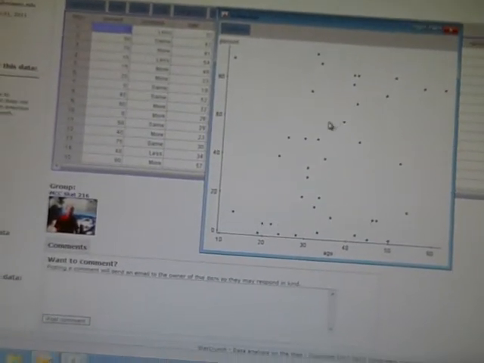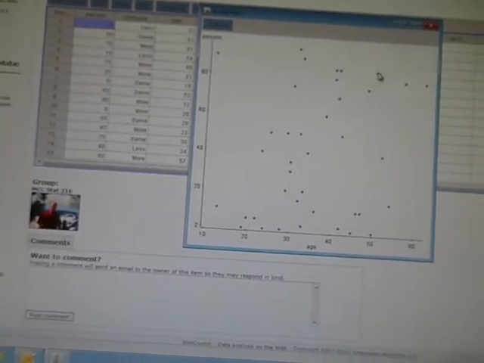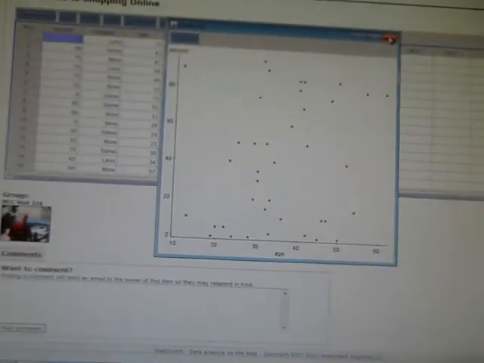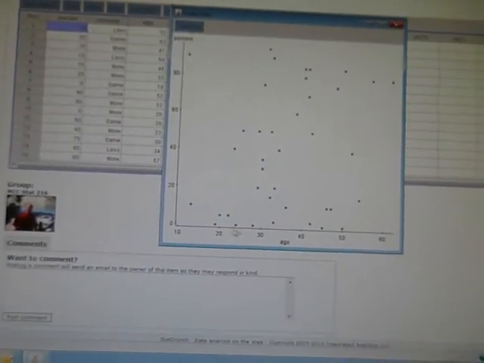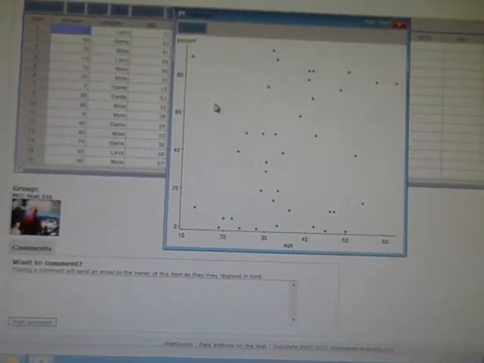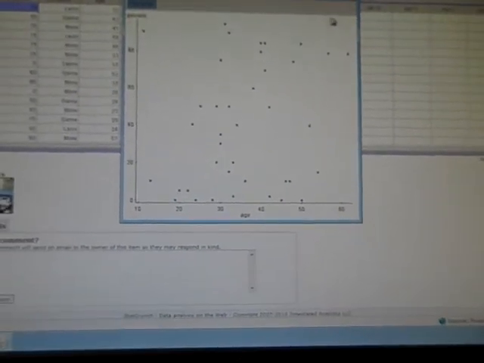But it isn't very strong at all. But you can definitely see it. So there's some, but there's just probably not much. Okay? That's a scatter plot that talks about the relationship between age and percent, two quantitative variables.